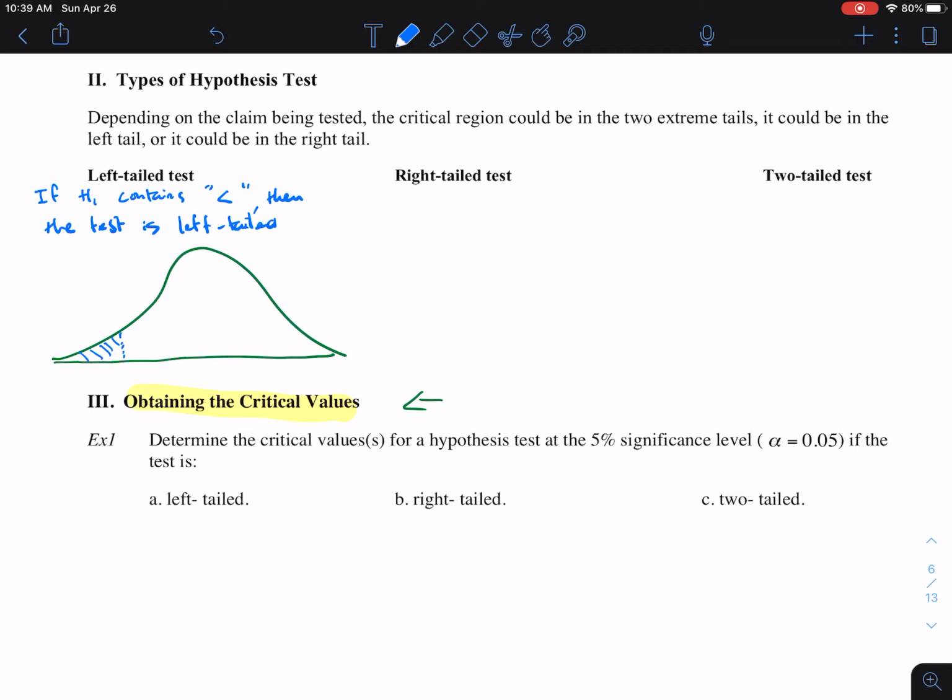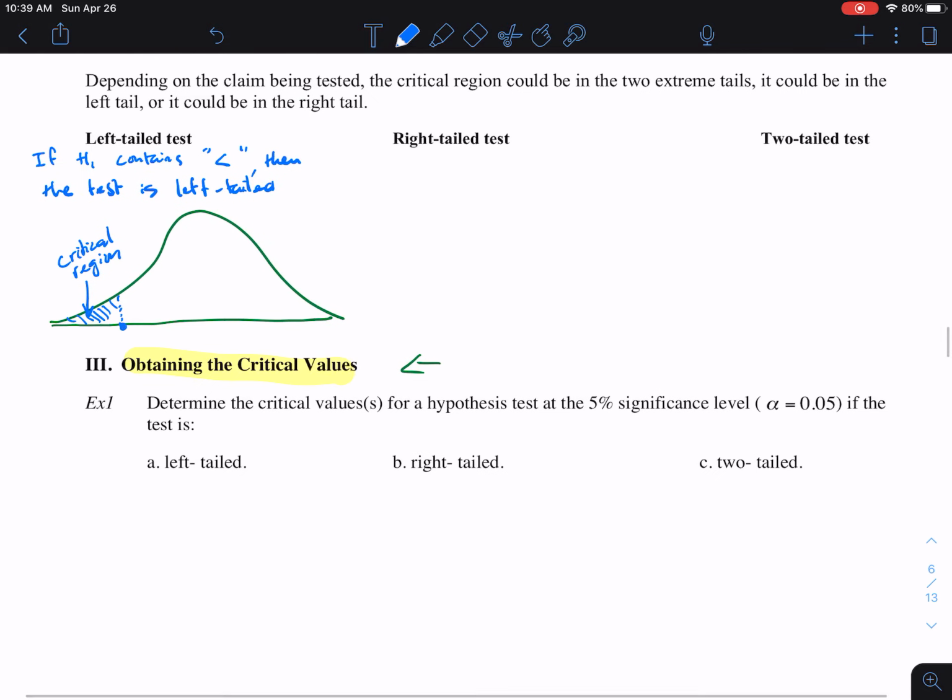This is gonna be the critical region, meaning if our test statistic falls in this region, we reject the null hypothesis. This is where the critical value would be. This is what determines whether we reject the null hypothesis or not. And this would be the non-critical region.